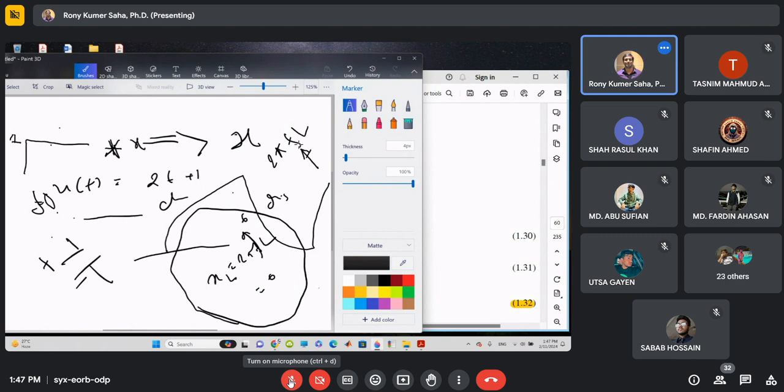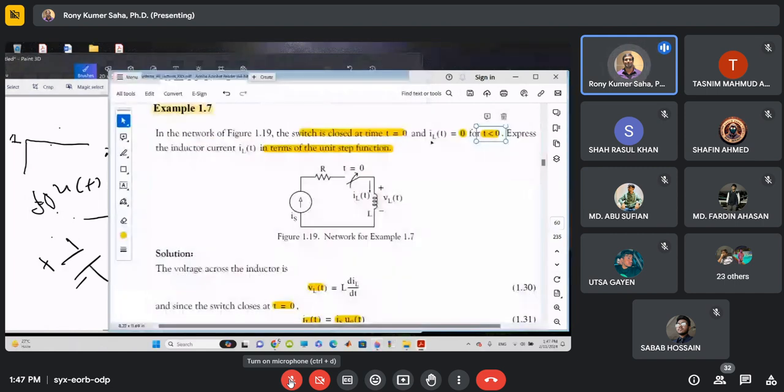If f is zero, and we are considering steady state condition, why steady state condition? Because it is already given that iL equals zero for t less than zero. So before you switch this one on, it starts at that point.